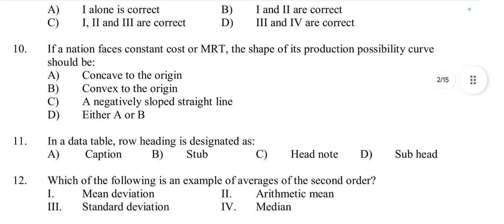Then question number 10, if a nation faces constant cost or MRT, the shape of its production possibility curve should be. Constant cost means a constant opportunity cost, and MRT means marginal rate of transformation.